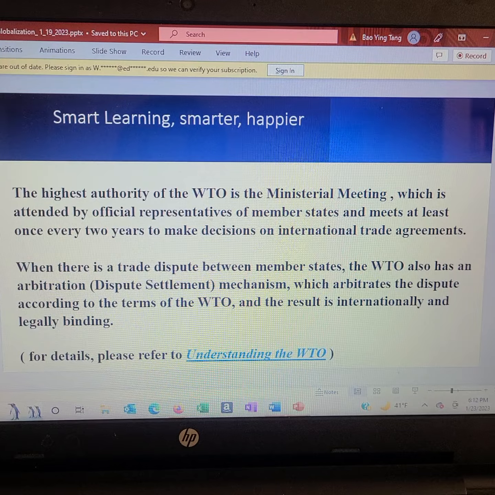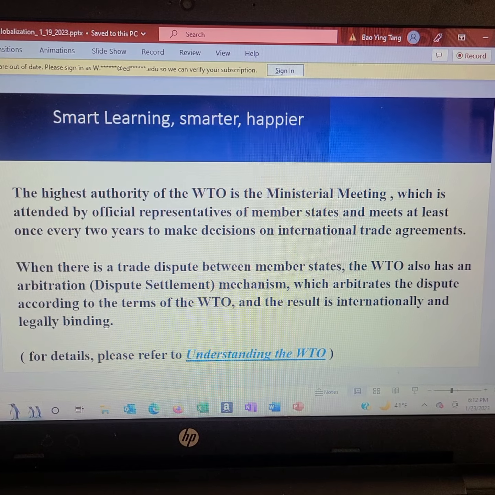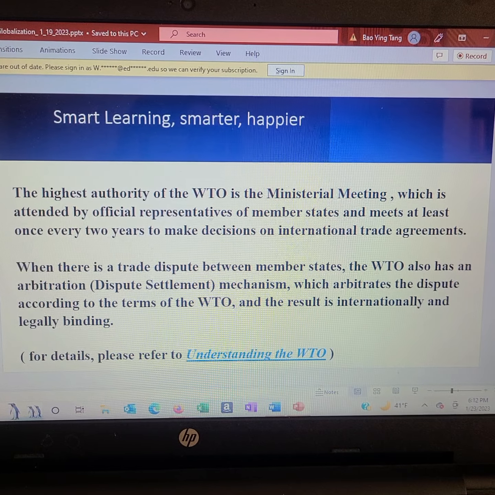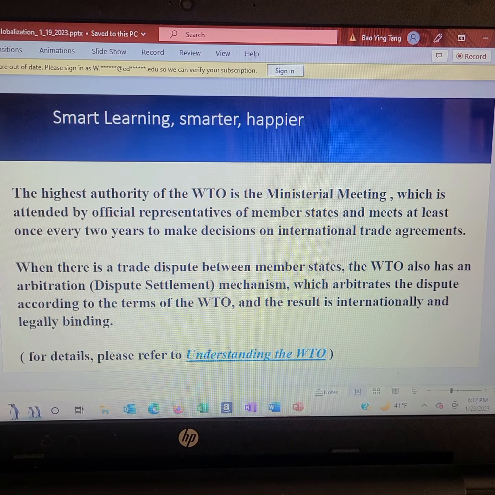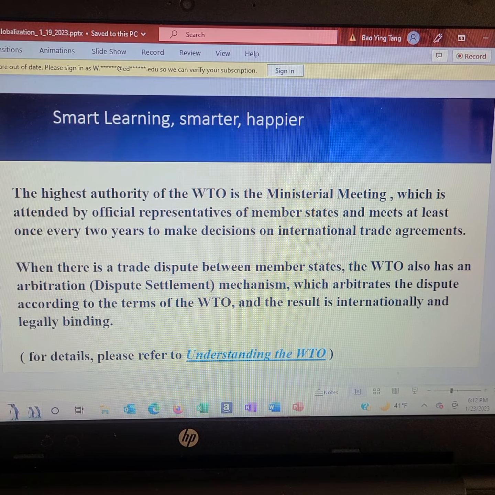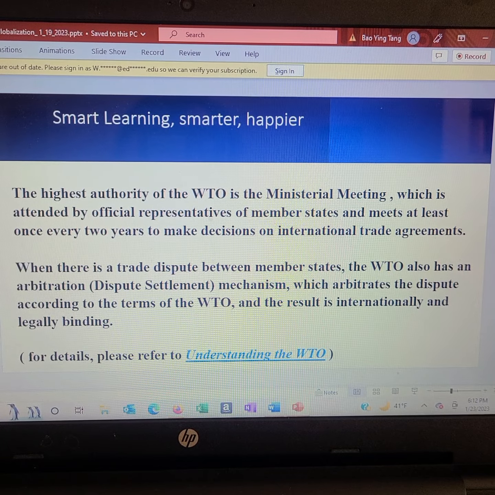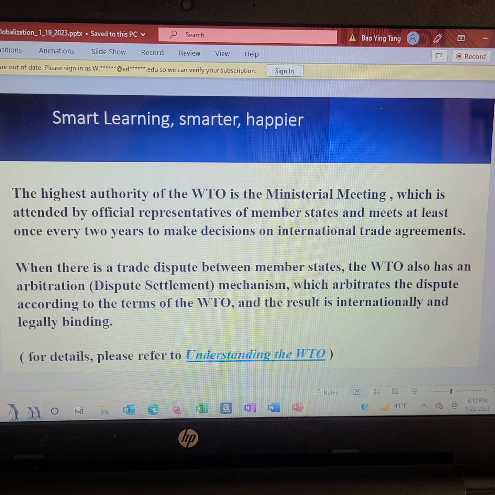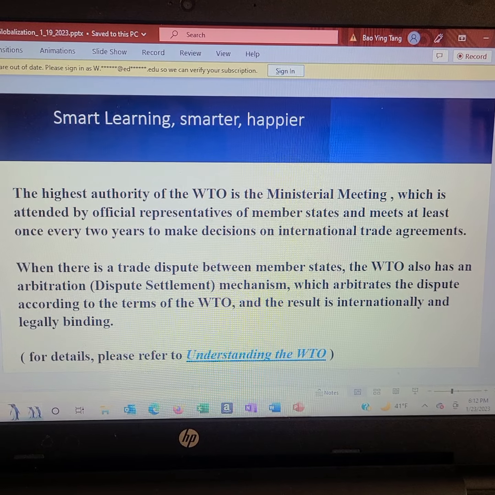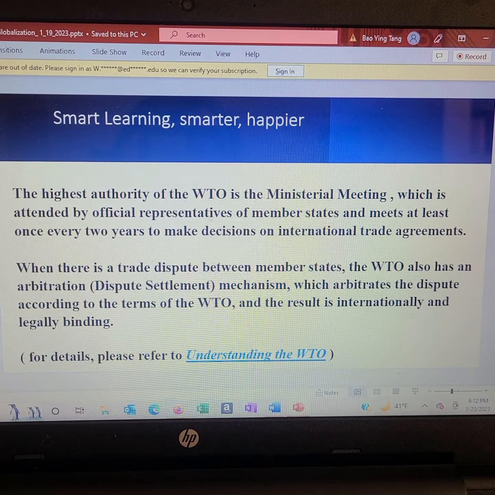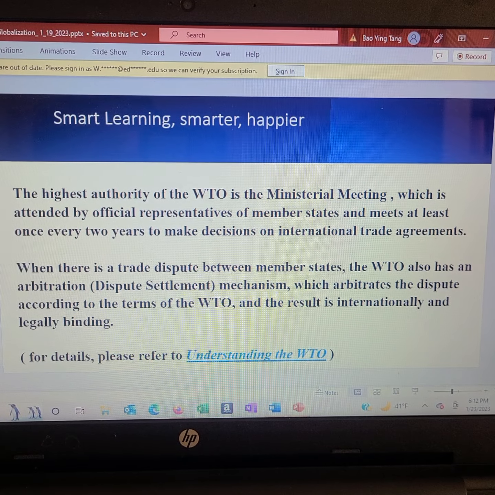When there is a trade dispute between member states, the WTO also has an arbitration dispute settlement mechanism, which arbitrates the dispute according to the terms of the WTO, and the result is internationally and legally binding. For further details, please refer to Understanding the WTO.